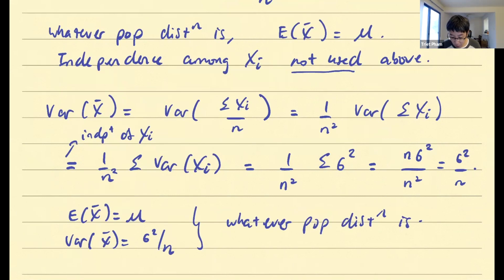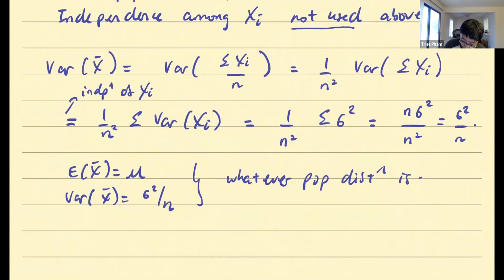Essentially, X bar is a random variable, and you have said something about the first moment and about the second moment, independent of the population distribution assumption. But to say more, beyond this, such as the third moment, you need more assumptions on the population distribution. That is where you start making more assumptions to make more precise statements. What I want to say is these statements are universal, but they do not completely identify X bar.